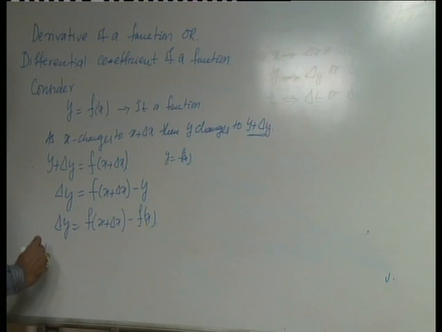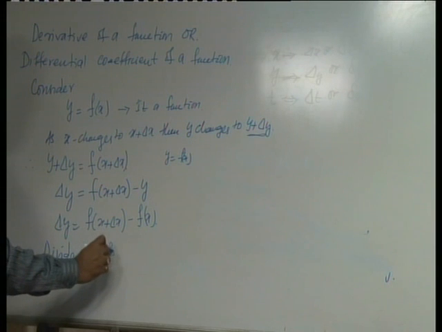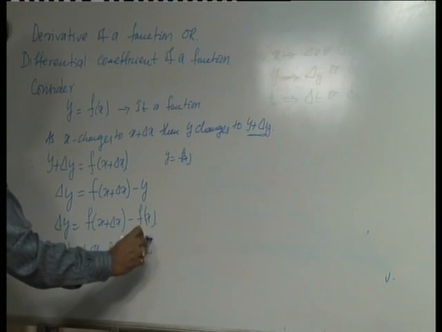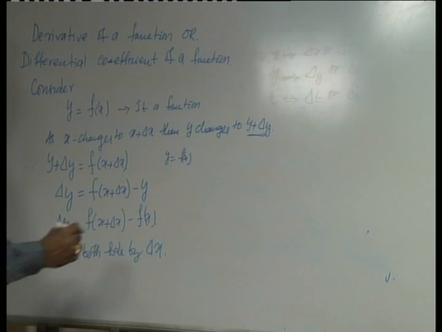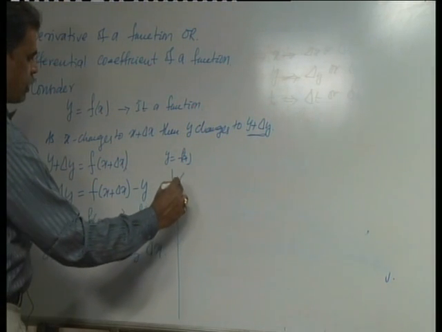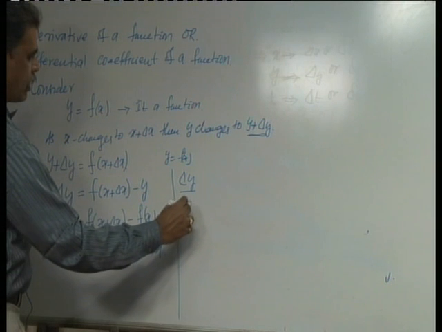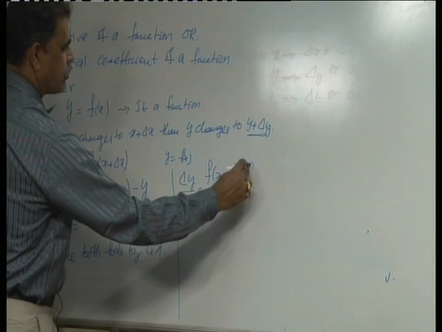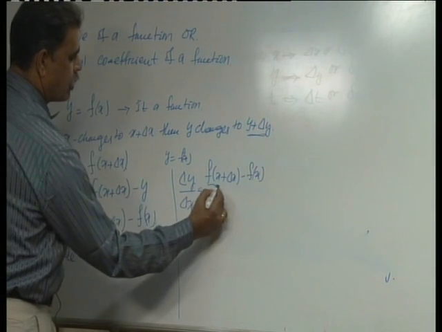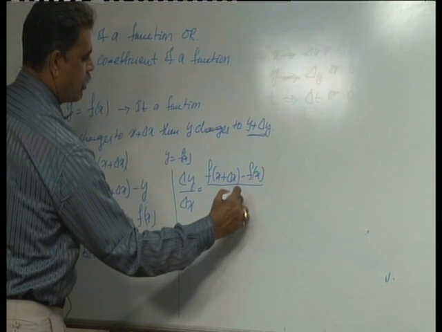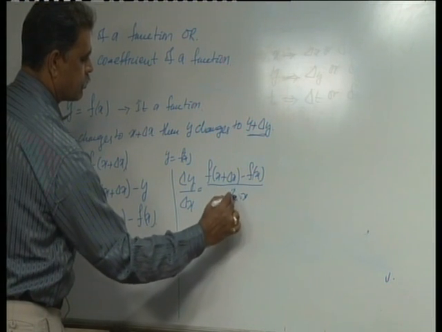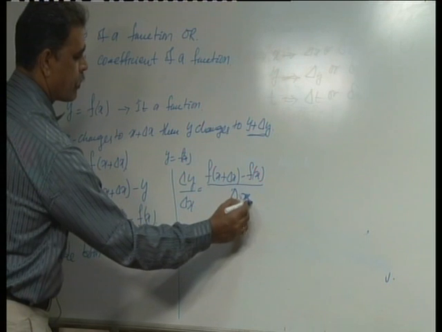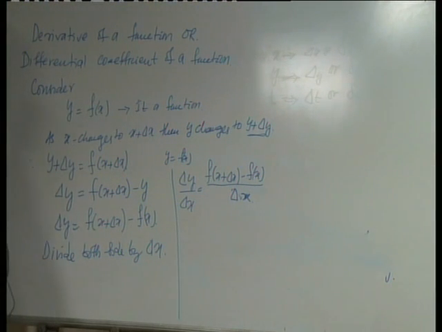Then you divide both sides by delta x. Therefore, delta y divided by delta x is equal to f of x plus delta x minus f of x, whole divided by delta x. As I mentioned at the beginning, what is differentiation?